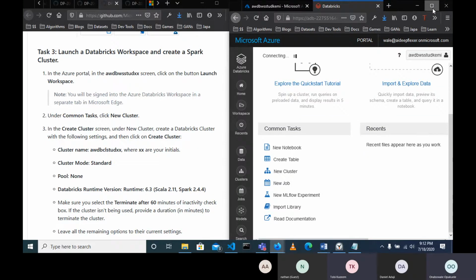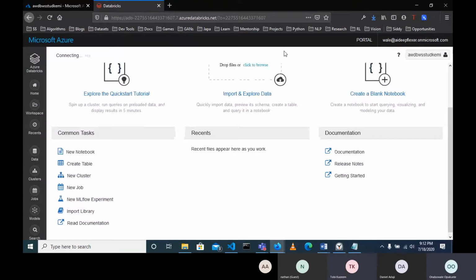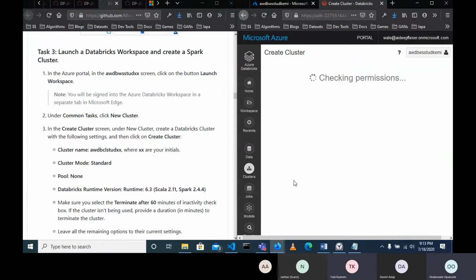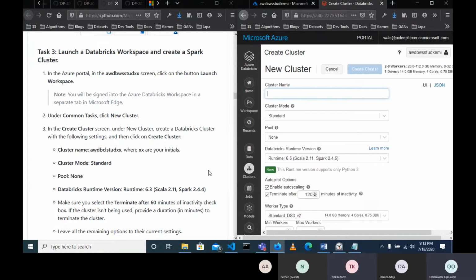You can see you have many options here: workspaces, your data, what kind of data you're using, your connections, and different clusters, jobs and the models that you've created. What we're concerned with right now is creating a new cluster. So let's create a cluster.